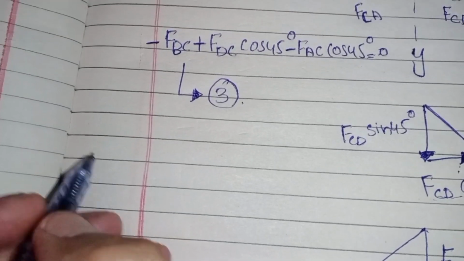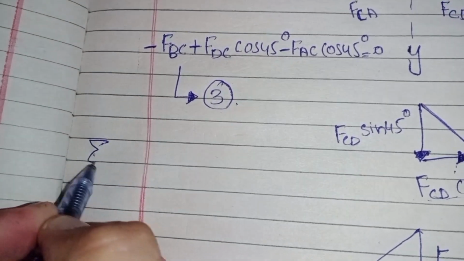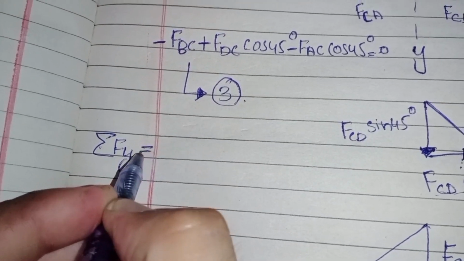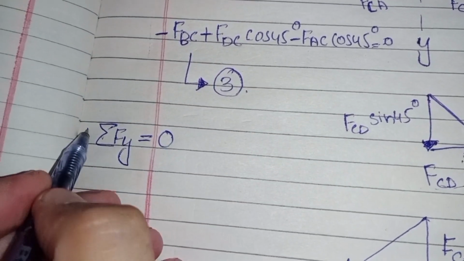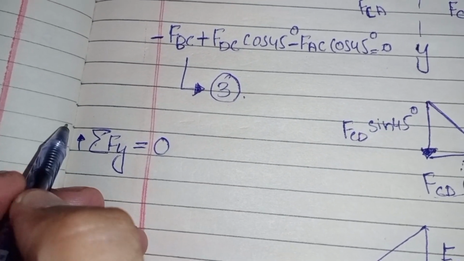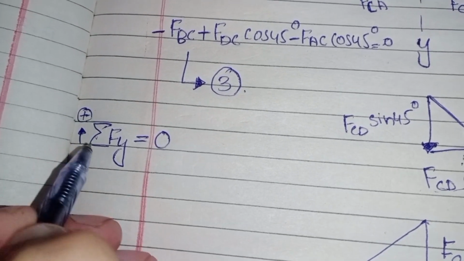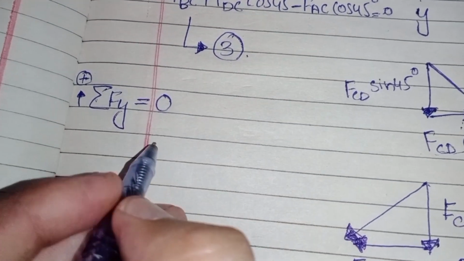Okay, so now the summation of forces in y equal to 0. The force directed toward top will be taken with a positive sign.